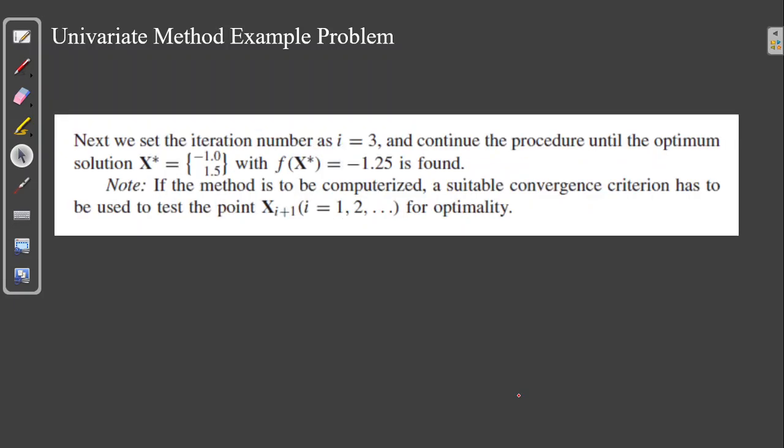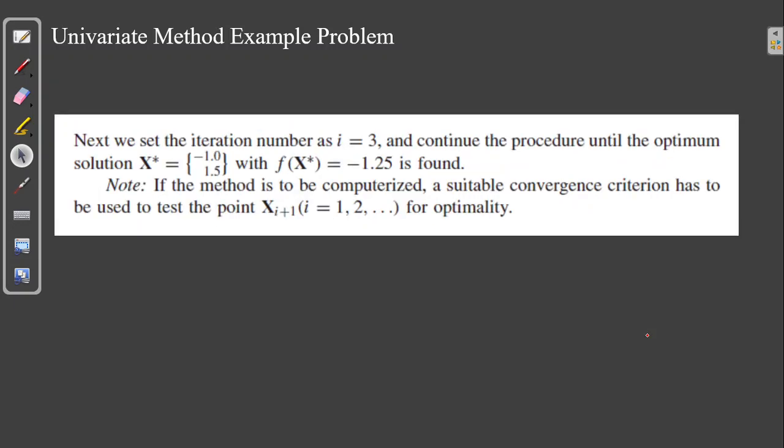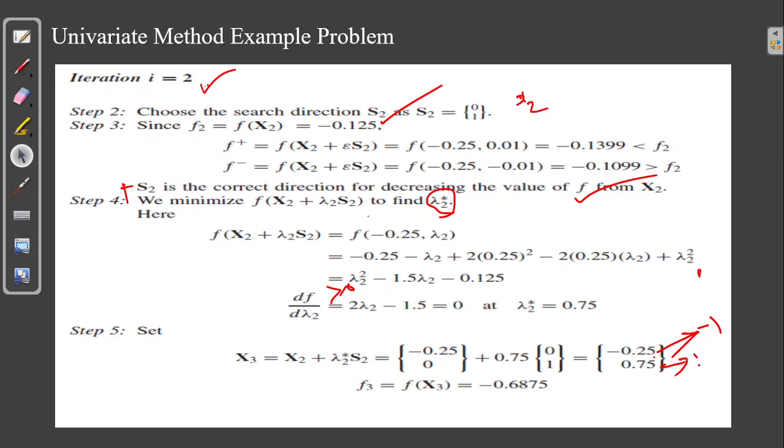Then in the next iteration we set i equal to 3 and continue the procedure until the optimum solution x star is reached. That is, minus 0.25 is iterated and modified to the new value minus 1, and 0.75 is modified finally to 1.5.